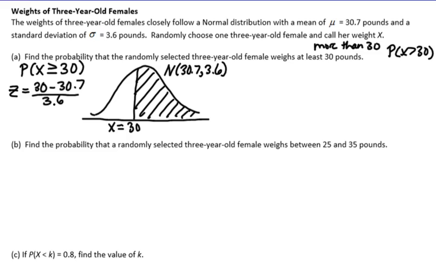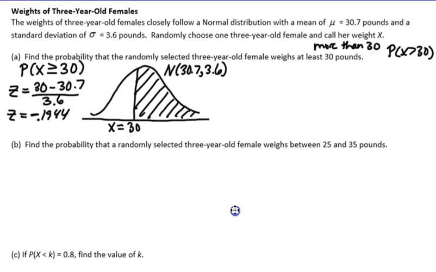Now it turns out that number is negative 0.1944, telling us that we are about 0.2 of a standard deviation below the mean, which looks really reasonable.